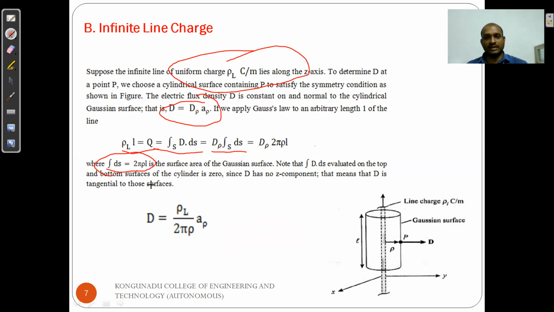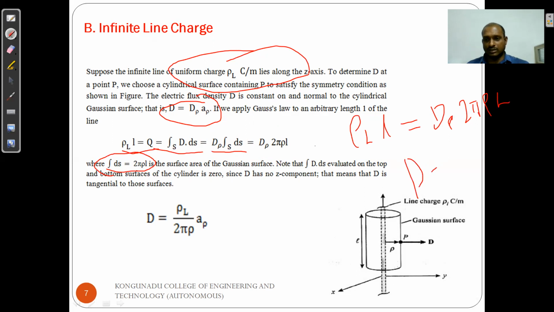This is the cylindrical shape. The surface integral of ds is equal to 2 pi rho into L. So we get rho L into L equal to D_rho into 2 pi rho L. From this equation we calculate D_rho.